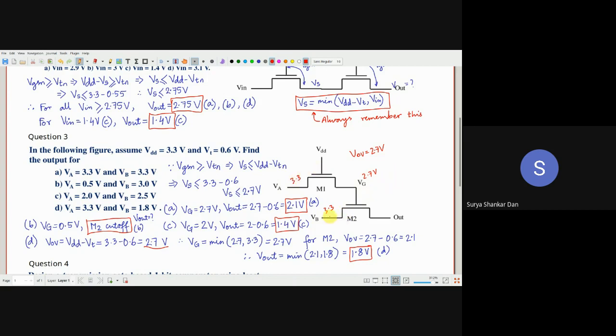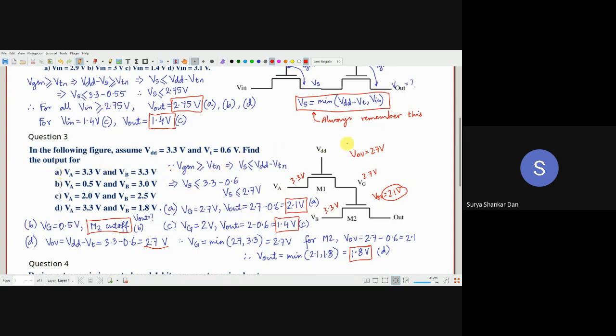So if this is 3.3 and VG is this, what will V out be here? What is the VOV over here? 2.7 minus 0.6, that is 2.1. Here 3.3, here 3.3. Minimum of these two, so V out will be 2.1 volt.